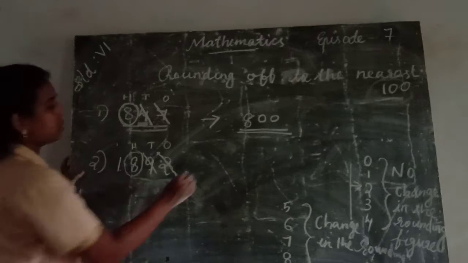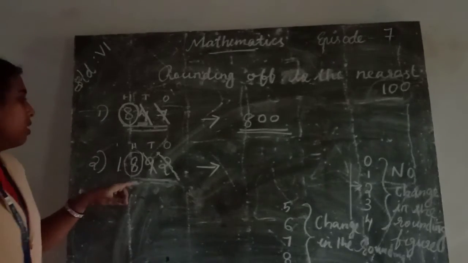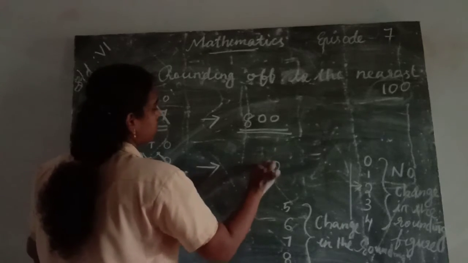Okay, and we put zeros at the off numbers. These are the off numbers, and we put zeros at the off digits positions.